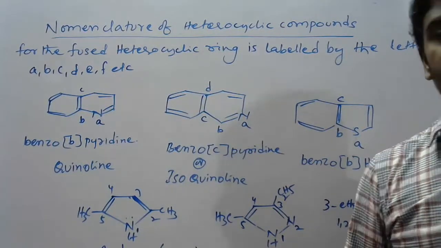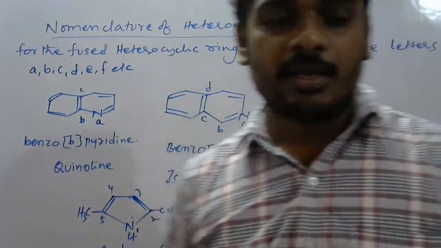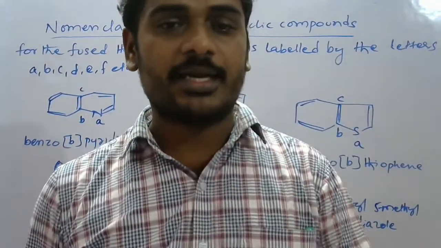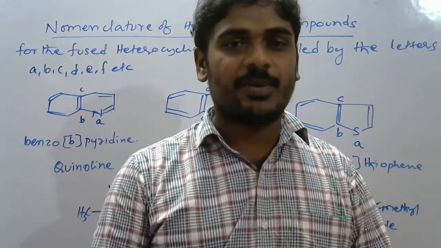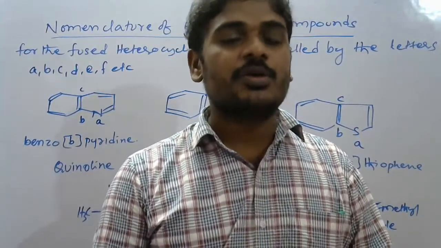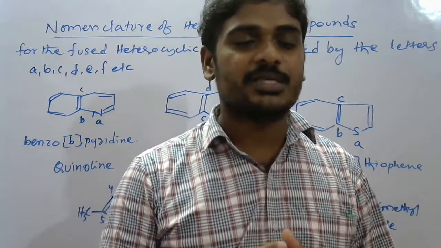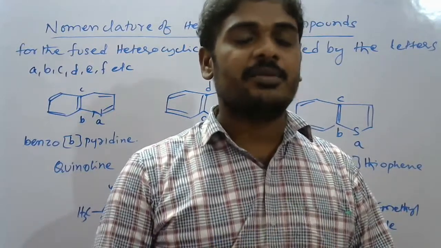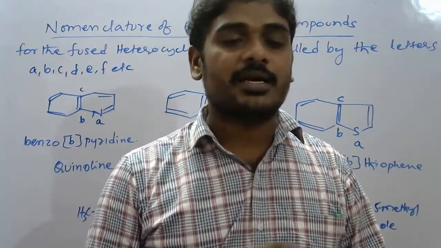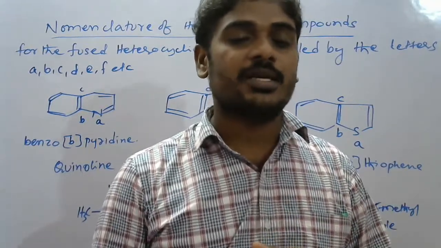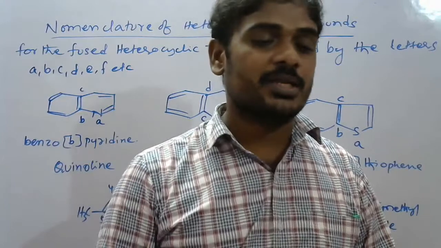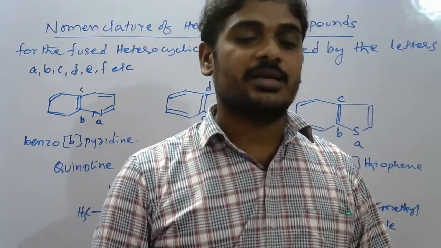Next, heterocyclic compounds are mainly categorized into two types: pi excessive heterocyclic compounds and pi deficient heterocyclic compounds. This is mainly based on the relative electron density on the carbon atoms of the heterocyclic ring system with respect to the benzene ring.